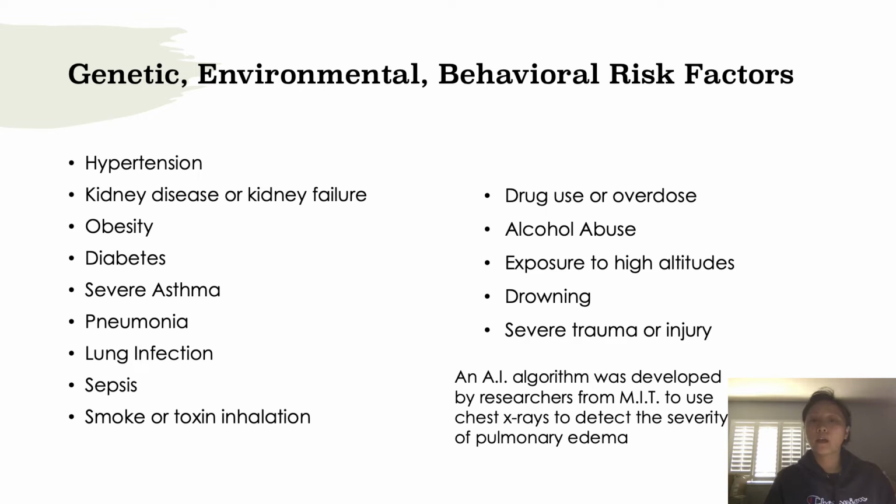An AI algorithm was developed by researchers from MIT. They use chest X-rays to detect how severe the edema in the lungs is, and from there they use the data to find the diagnosis.